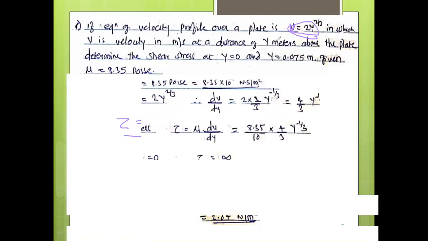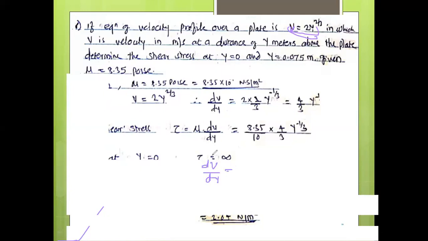First of all, they have given the equation. We have to convert that equation in terms of dv by dy. They have given the equation v is equal to 2y raised to 2 by 3, right? Now, if I differentiate this equation with respect to y, what can I write here? dv by dy.